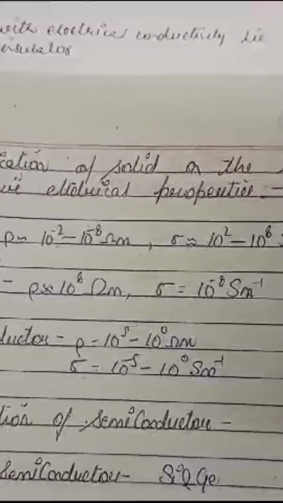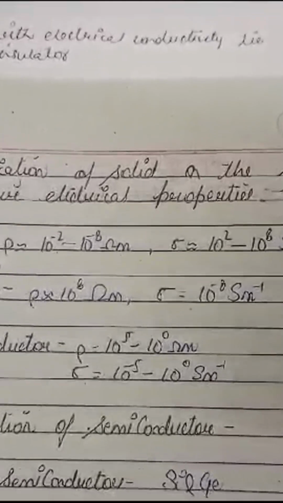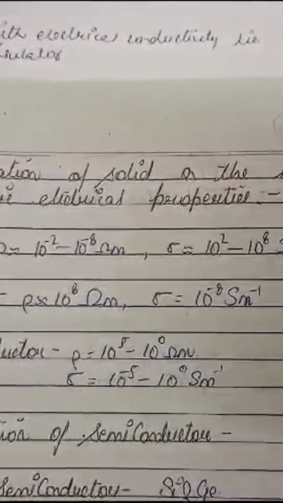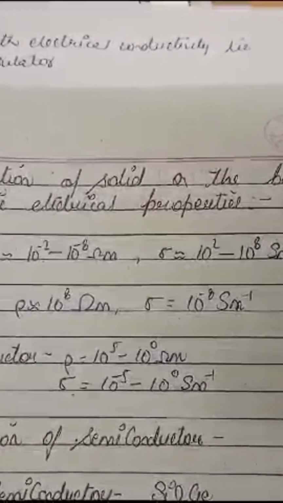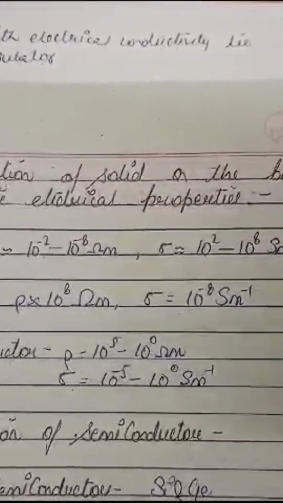For example, copper, silver, gold, and aluminum are a few elements used as metals or conductors. Its applications are electrical wiring, circuit connectors, etc.